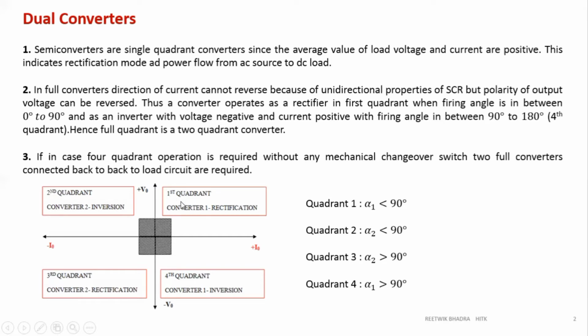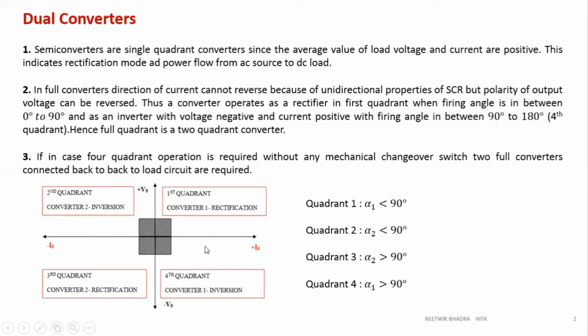Now, if you think about the first few lectures where we studied choppers, we had a four quadrant chopper. Why? Because a DC motor can operate in all four quadrants. According to voltage polarity and current, these quadrants were determined. Now the output of the rectifier is also DC, and we use a controlled rectifier because we have to control the voltage, and the primary aim is to control the speed of the motor.